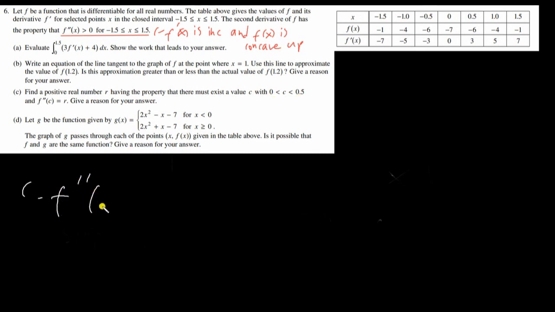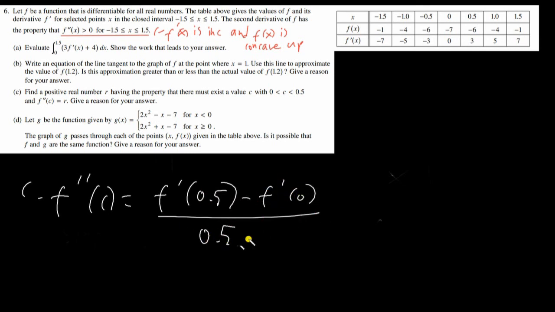So f double prime of c is equal to f prime of 0.5 minus f prime of 0 over 0.5 minus 0. Remember, that's what the mean value theorem says. It says that the derivative is equal to the average rate of change on the interval at some point, if the function meets the requirements.